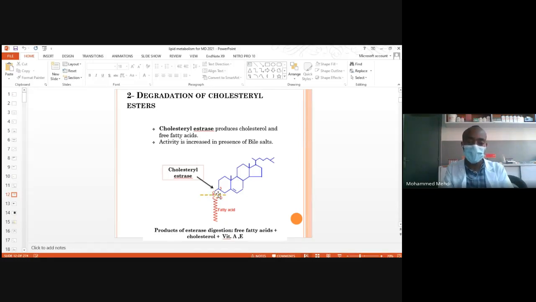The carbon number 3 fatty acid will be removed by this esterase enzyme. This produces free fatty acid, free cholesterol, and fat-soluble vitamins like vitamin A, vitamin E, vitamin D.